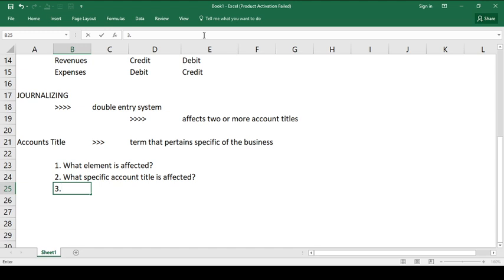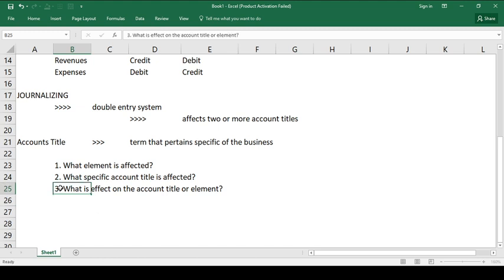Yung sunod mong dapat malaman once we journalize it: ano po ba yung effect? What is the effect on the account title or on the element?